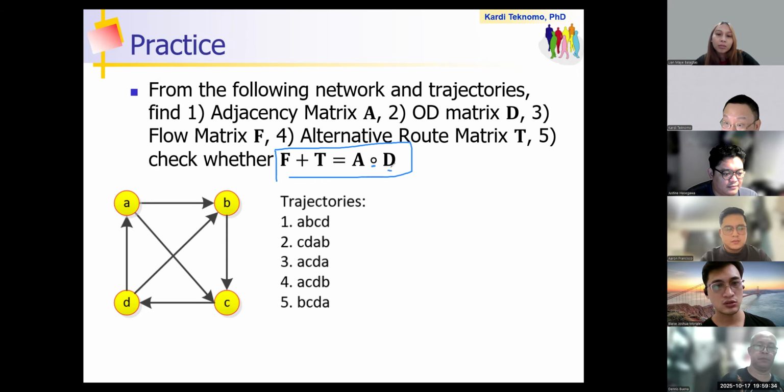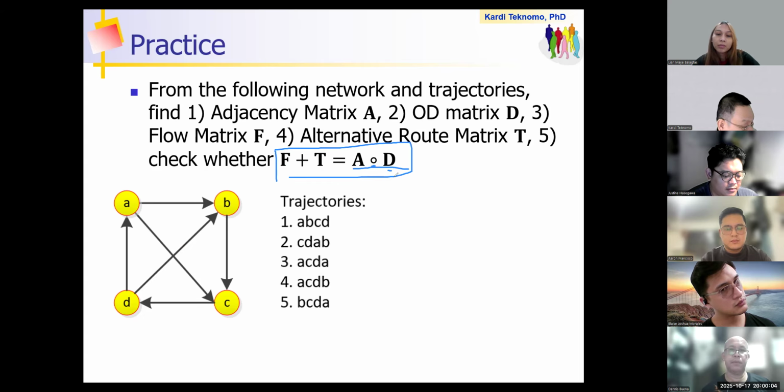So what happened? What's the meaning of this? I got the formula. I can get, mathematically and simply, from the OD matrix to the flow matrix, isn't it? But be careful, this is a Hadamard product.